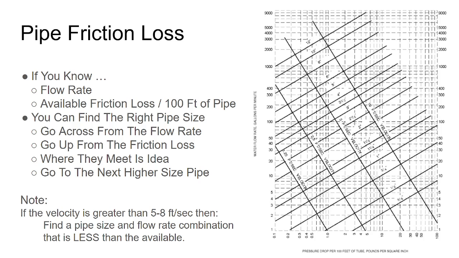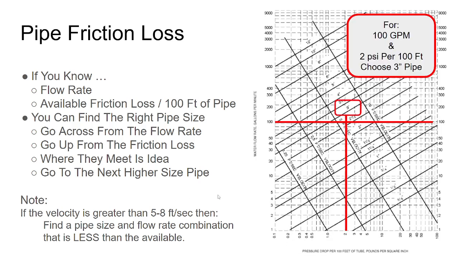There is no 2 5/8 pipe size, so you would go to the next biggest one, 3 inch. Now there is a little bit about maximum velocity and all that kind of stuff, but that's just a note for us that you can always pick a bigger pipe size and lose less friction.